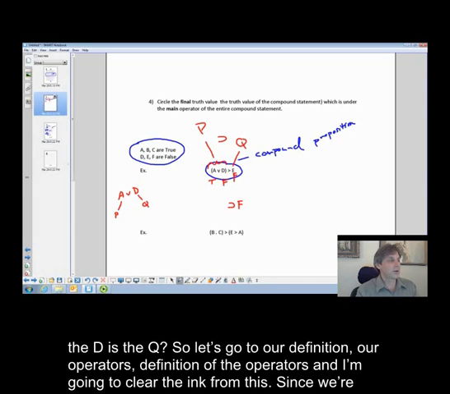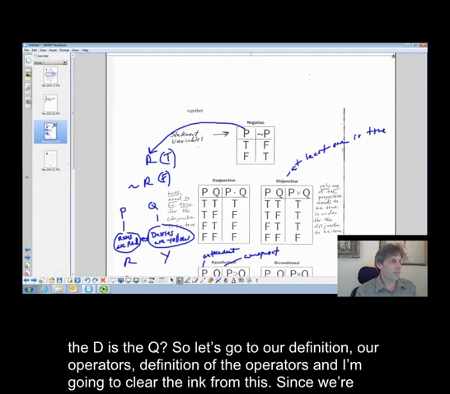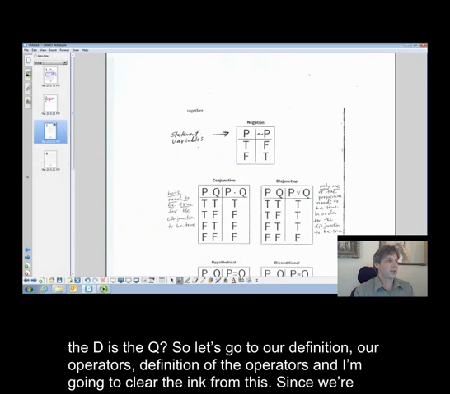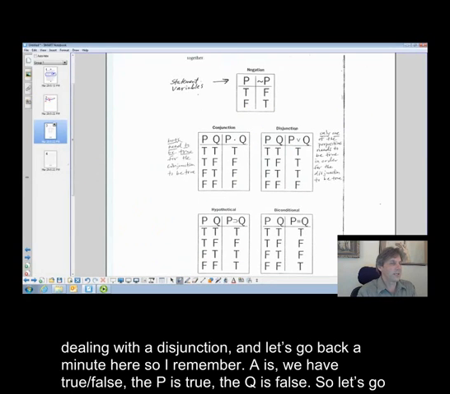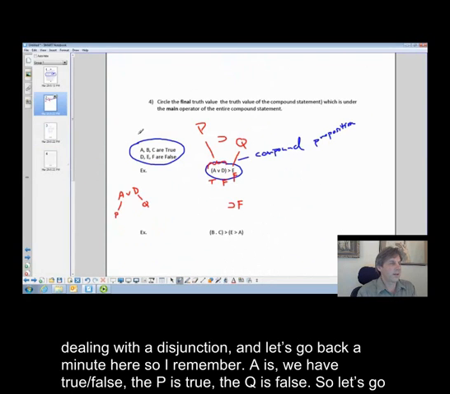Okay, so let's go to our definition of the operators. Since we're dealing with a disjunction, let's go back a minute here so I remember. A is true, D is false. The P is true. The Q is false.